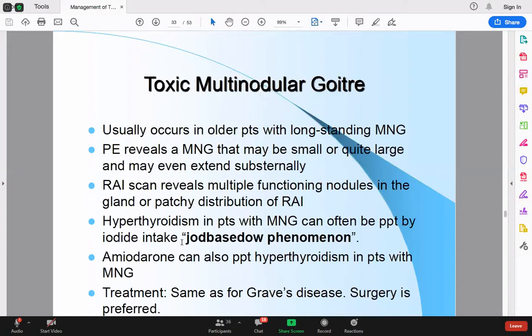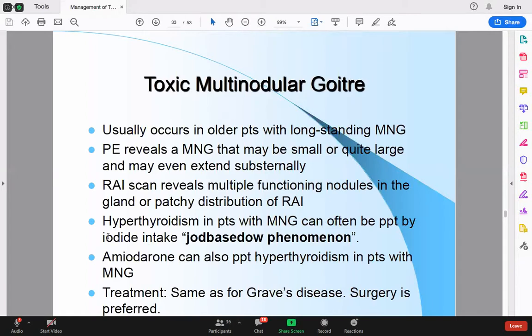Toxic multinodular goiter: instead of having one nodule, the whole goiter is overproducing thyroid hormones. It can occur in elderly people, especially with long-standing multinodular goiter. There is the Jod-Basedow phenomenon, which is hyperthyroidism precipitated by iodine intake.